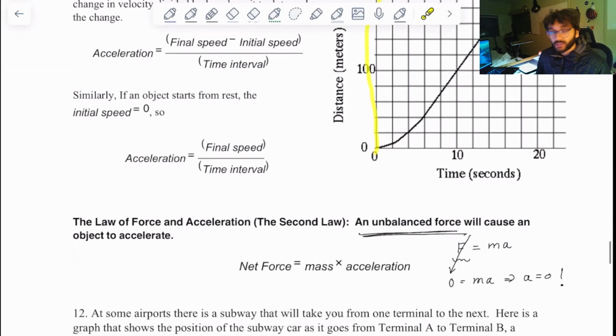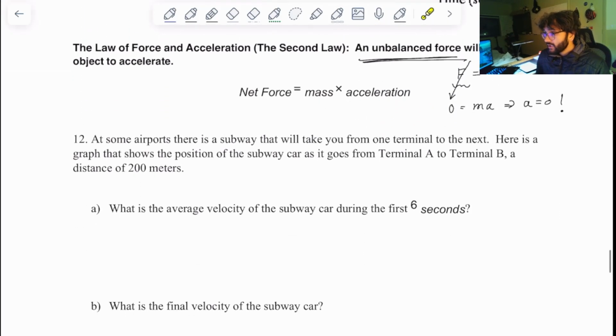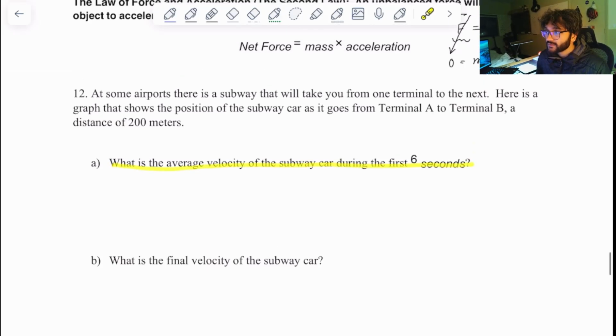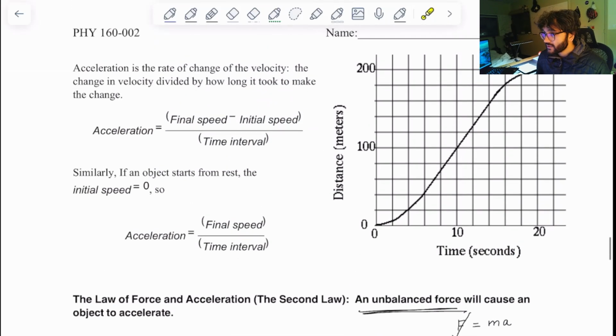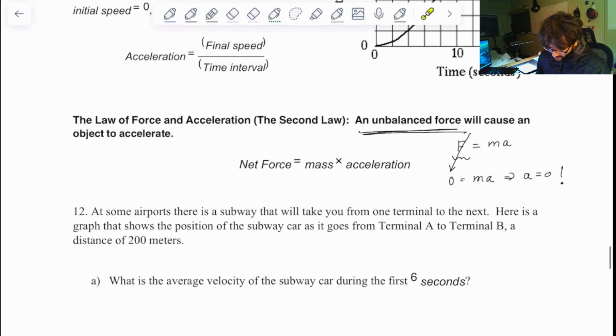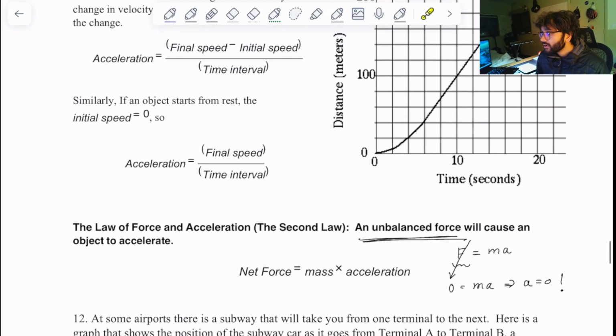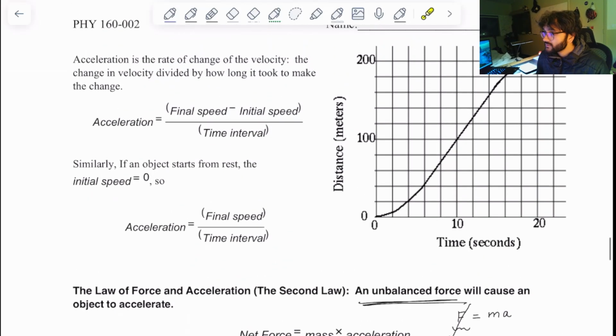That's the first thing we can get out of the graph, and that's what the problem says, a distance of 200 meters. Question number 1 is, what is the average velocity of the subway car during the first 6 seconds?